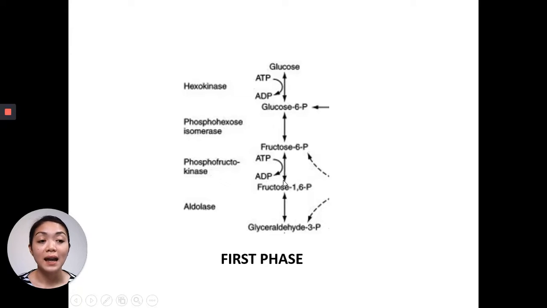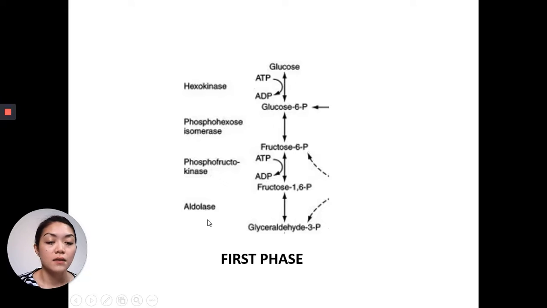F6P has another phosphate group added to form fructose 1,6-phosphate via another important enzyme, phosphofructokinase. And this one, just like hexokinase, requires energy. Fructose 1,6-P is converted to glyceraldehyde 3-phosphate via the enzyme aldolase.